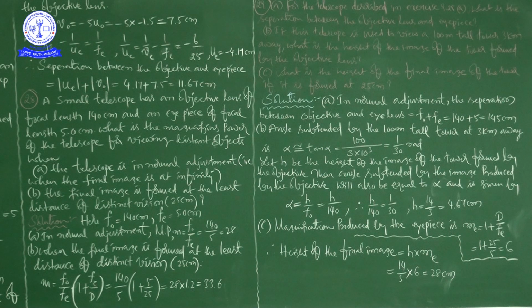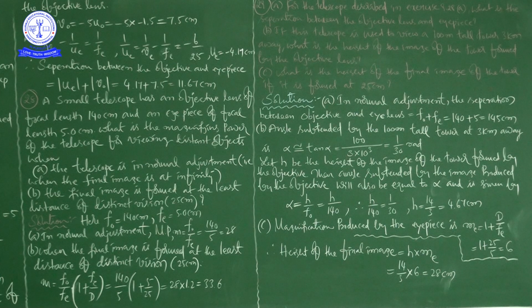If this telescope is used to view a 100-meter tall tower 3 kilometers away, what is the height of the image of the tower formed by the objective lens?